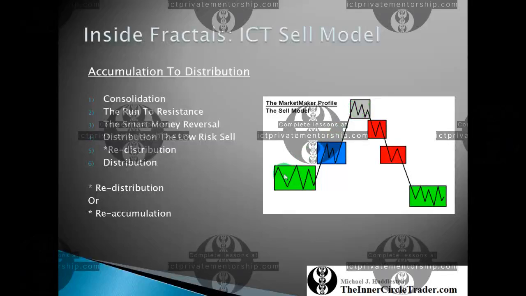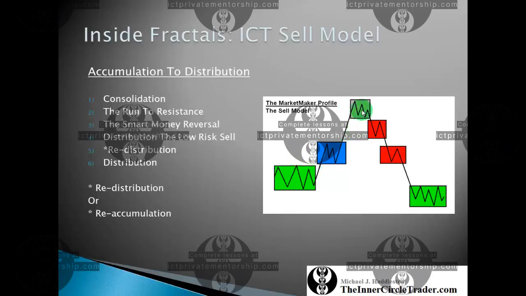So they could accumulate longs in here to do what? To hedge their short position. And they'll reaccumulate in here and buy more, and it'll run to a level of resistance, and then they will distribute what they had hedged back here.